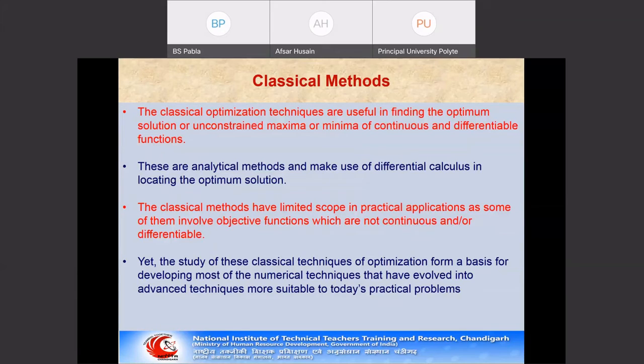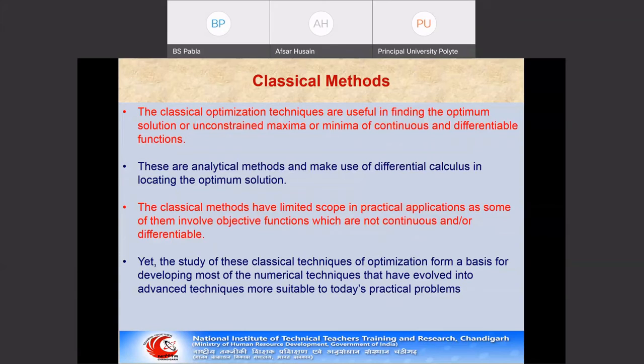We don't use this differentiation and all. Now many people are talking about genetic algorithms, ant colony optimization, and bacterial foraging optimization. They are basically getting inspiration from natural phenomena.